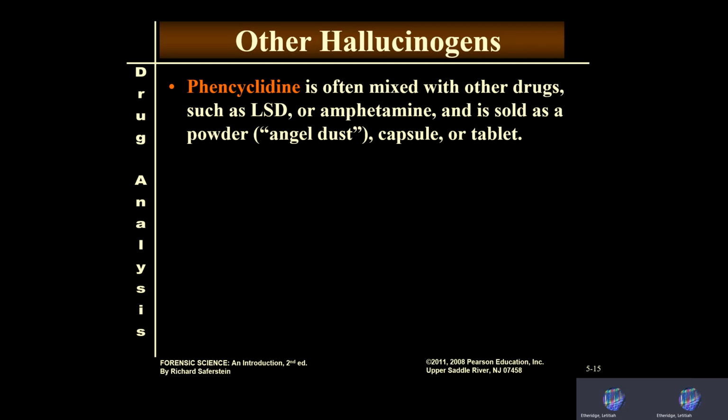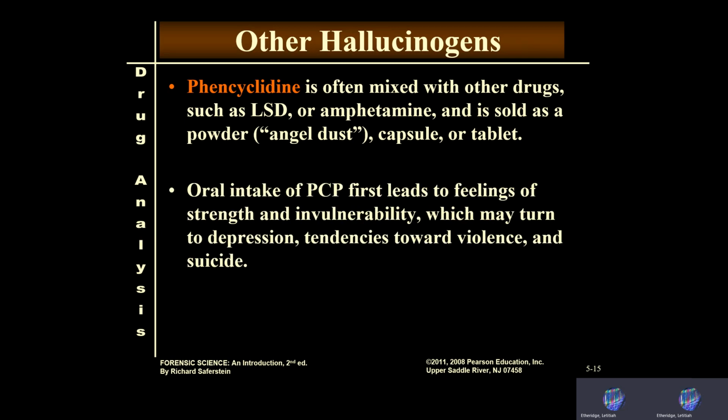Okay, so when we talk about this, right, it's often going to be mixed with other drugs such as LSD or amphetamines, and it's usually sold as a solid powder. You've probably heard about it on TV, the typical name would be angel dust, and it's usually in a capsule or a tablet format.